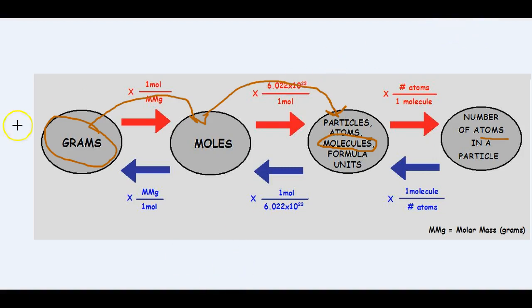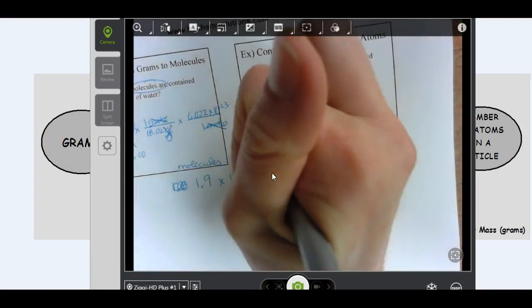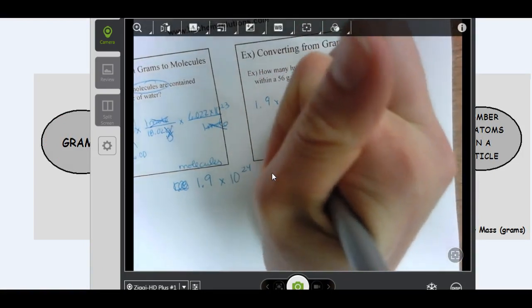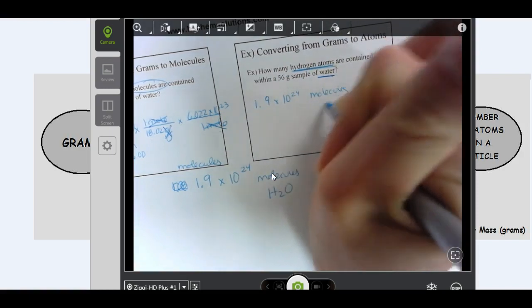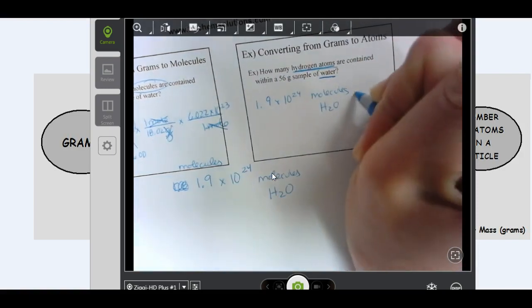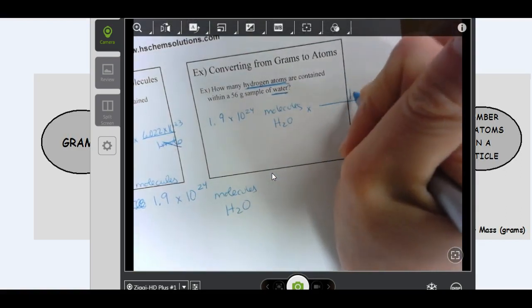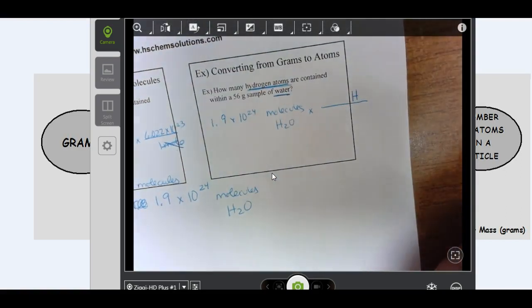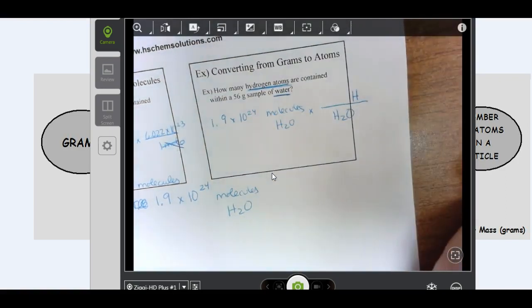So when we look back, we can start our problem with 1.9 times 10 to the 24th molecules of water, and we're trying to get to hydrogen atoms. Okay? So hydrogen atoms are going to go on the top, and then water is going to go on the bottom.